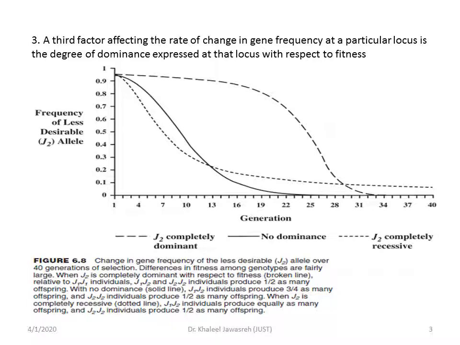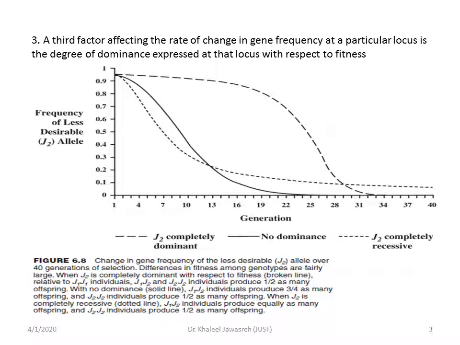Now, the third factor that affects the rate of genetic change in gene frequency at a particular locus is the degree of dominance expressed at that locus with respect to the fitness. From this figure, you can see the same. We have a selection process conducted for 40 generations, and here we have the frequency of the less desirable allele, which is J2.